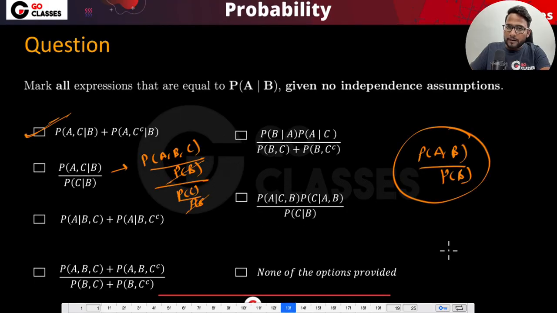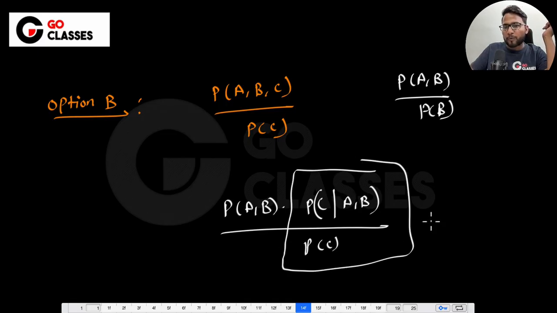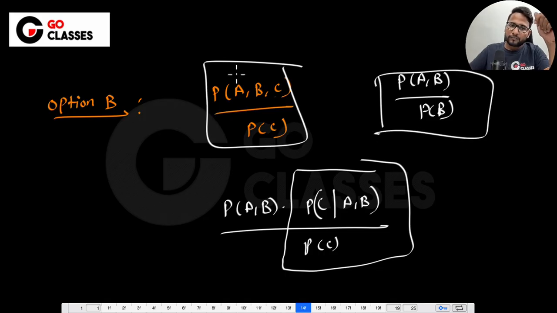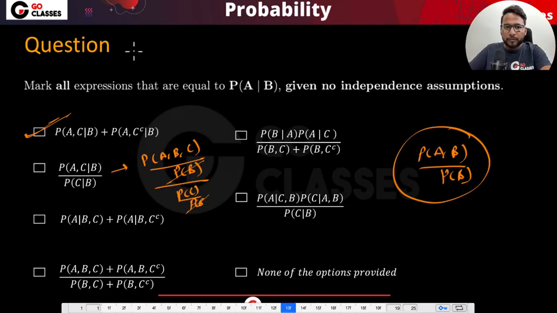Now they are saying that no independence assumption is given. So both are matching. Now here this should be equal to 1 upon probability of B. And I don't think there is any relation between this and 1 upon probability of B, right? So you can easily see that this option is not the same as this option. Okay, cool. Now this was option B.